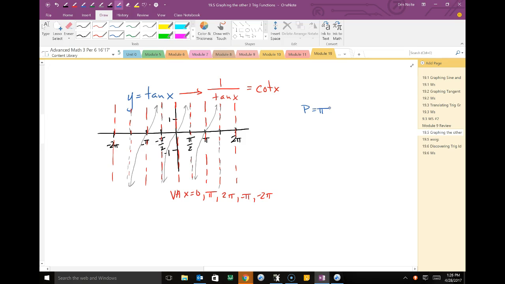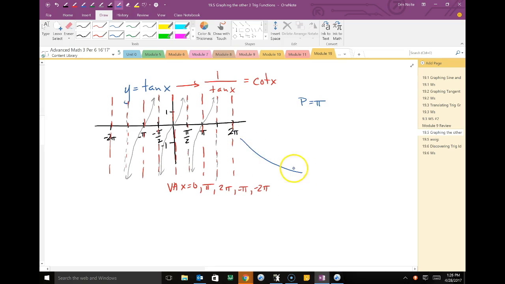But when I draw it, my fourth increment is always going to be 2 times your period. I'd probably write that down: my fourth increment is always going to be 2 times the period. And that's for tangents and cotangents. If you keep that 4 increment scenario, everything will stay the same.